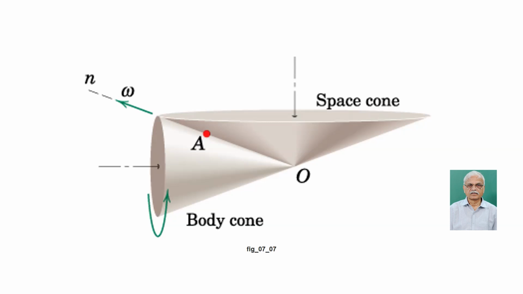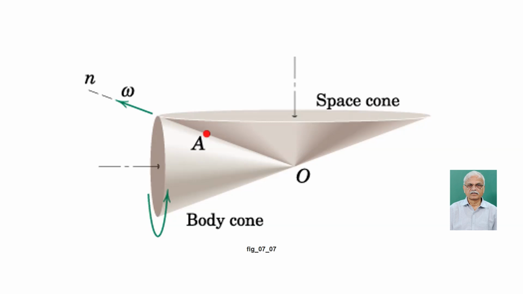So if there is some point P which is traveling, imagine its position vector is given by the omega vector, and it is traversing along a circle. Then what will be its velocity? It is omega 2 cross omega, where omega 2 is the angular velocity of this omega rotating.